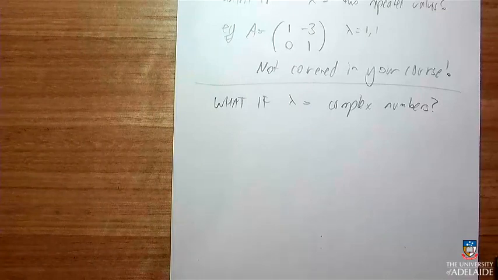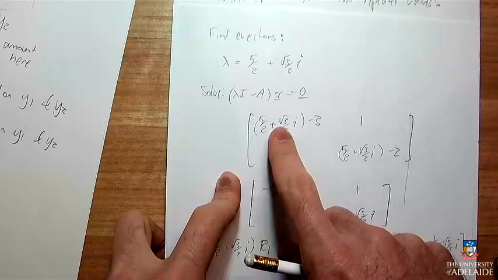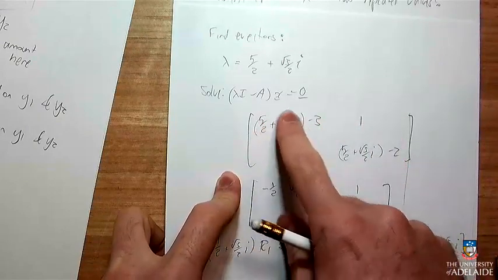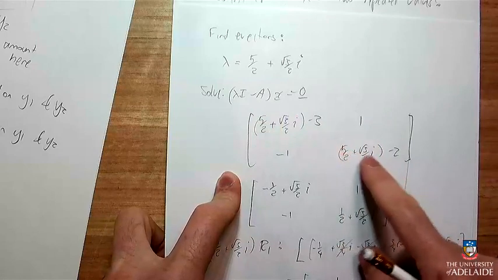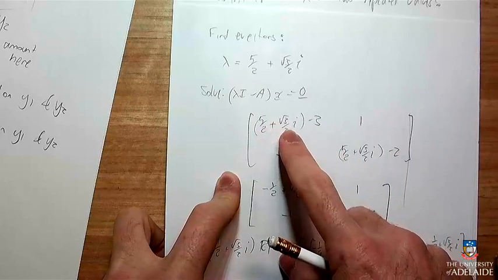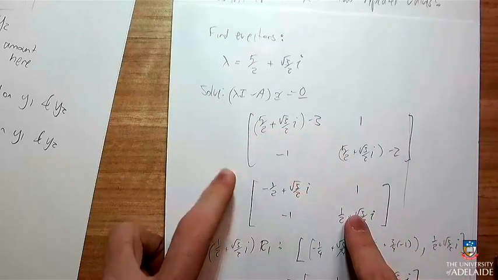So earlier when I did that, I still did the exact same thing I usually do. I took my lambda I minus A, and I just put the complex number in that spot. And I subtracted. Now I haven't done any row operations yet, I've just figured out what this answer is, here and here.